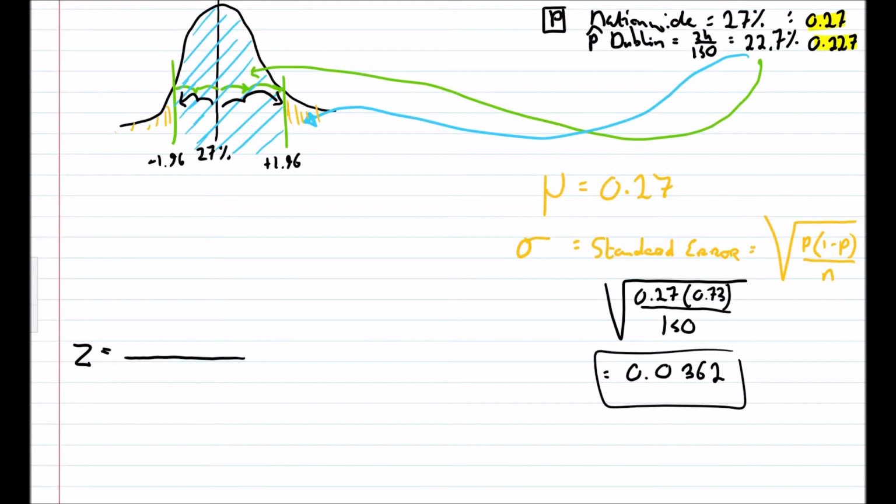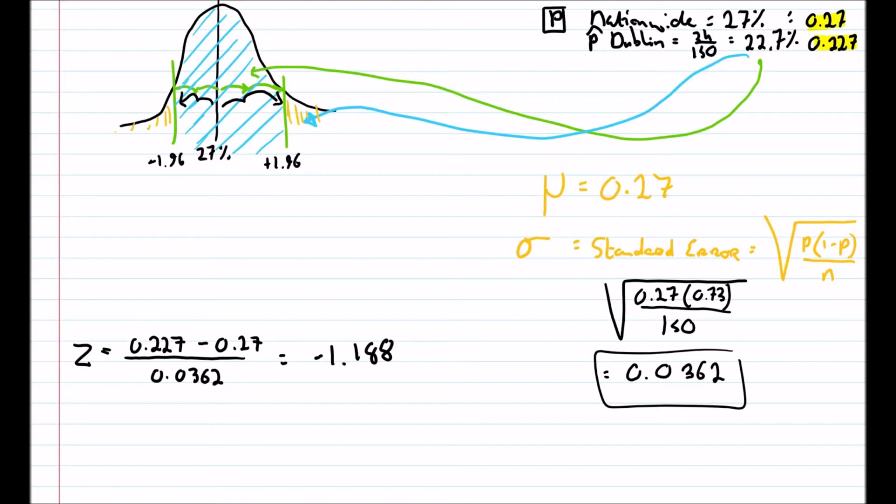Right, so our number is 0.227 minus our mean, which is 0.27, all over our standard error, our standard deviation. And that will give us minus 1.188 as our z-score. Right.